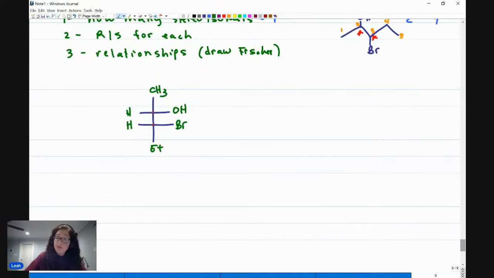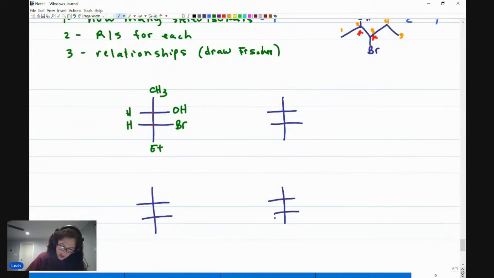Now I'm going to turn off my brain, because who wants to have their brain on the whole time? And draw all the Fischer projections that I am going to use today. These are so small. Let's draw them bigger. So the first one, we're going to do a straight enantiomer, exact opposite.